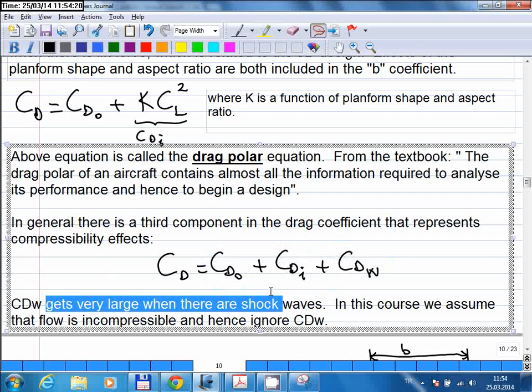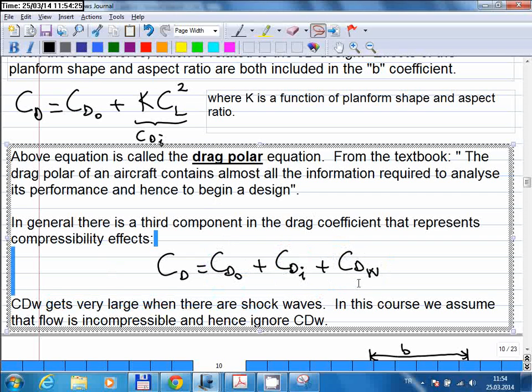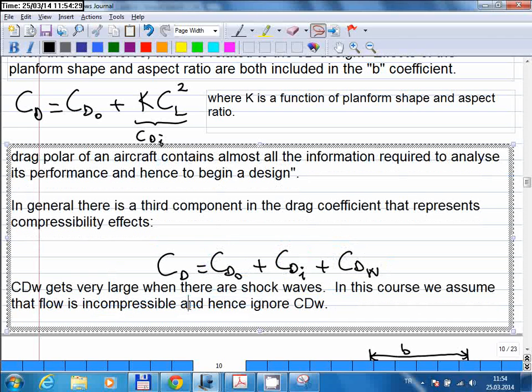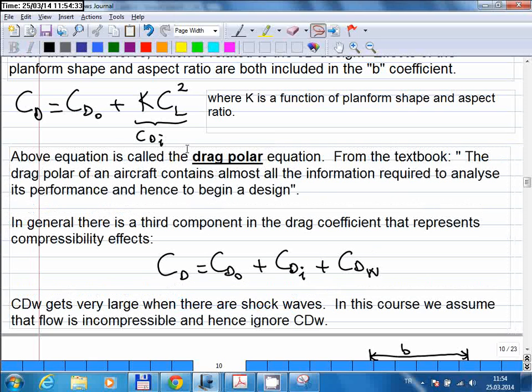So if you are flying close to the speed of sound, then this part will be the dominant part. But in this course, we assume that the flow is incompressible and we ignore this part. Okay, so in this course, we will be using this part of the equation and ignore this part.